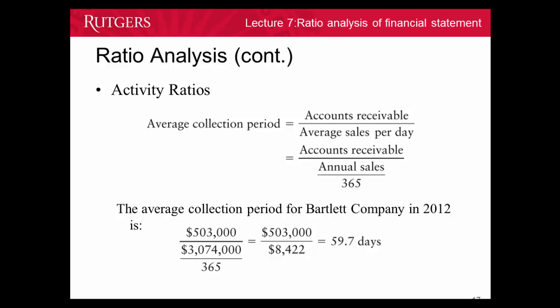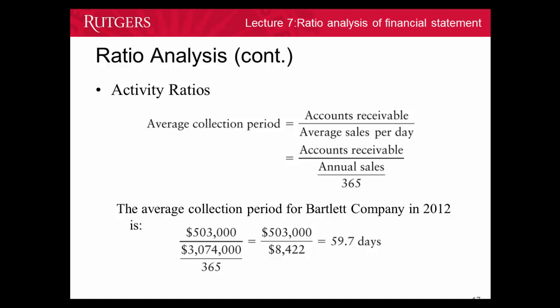Apparently, ultimately, every business needs cash to pay off its own expenses. So it's calculated by using accounts receivable divided by average sales per day, where average sales per day is calculated by dividing annual sales by 365. So in this case, let's first calculate average sales per day.